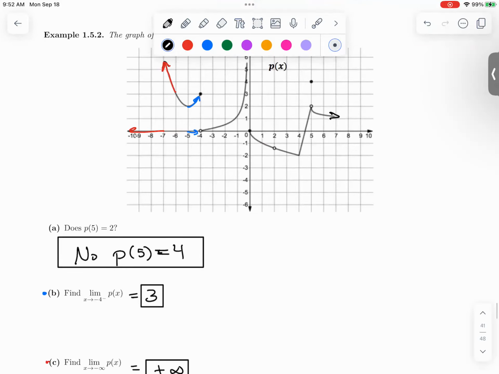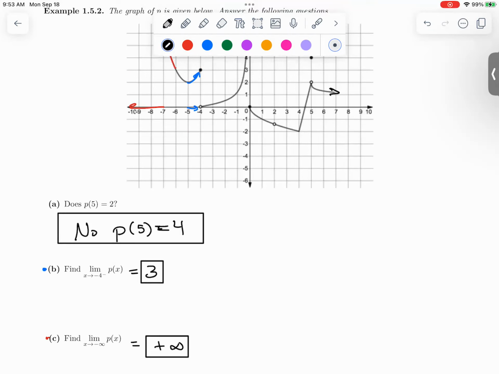So let's write down what condition is being broken in all 4 cases. That's the only other one, right? I don't see any other issues. So with -4, what condition is being broken? The 3 conditions, once again: the limit needs to exist, the function needs to exist, and they need to be equal. The limit does not exist for the first one.